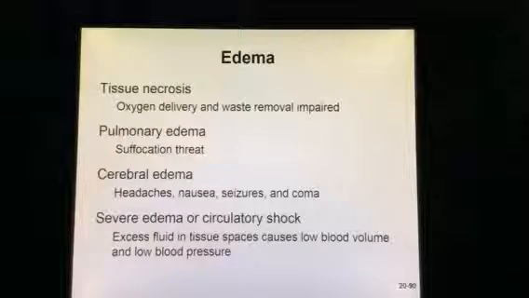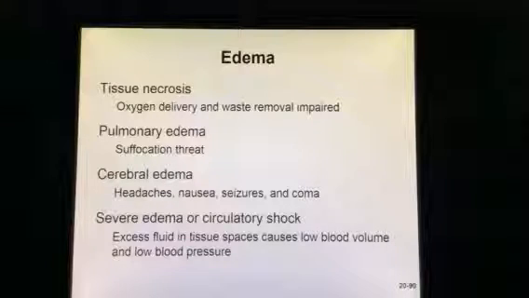This talks about what the effects are when that happens. If the tissue is full of fluid, oxygen delivery and waste removal are impaired. A pulmonary edema is when this occurs in the lungs as a suffocation threat, and a cerebral edema is, of course, in the cerebrum, causing headaches, nausea, seizures, and possibly a coma.